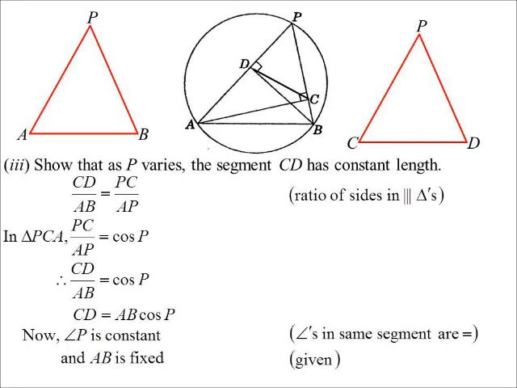And AB, remember, was fixed. That's not changing. So in that case, CD must be constant. AB is not changing, cosine of P is not changing, so CD is not changing. So okay, we now know CD has constant length. It does not matter where P moves along that major arc there.